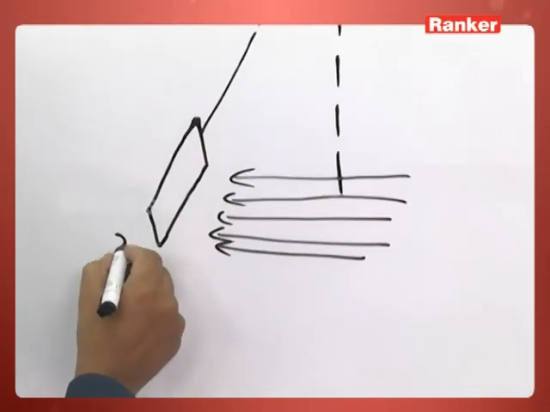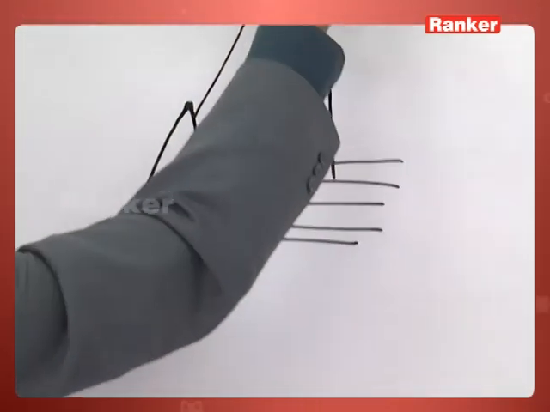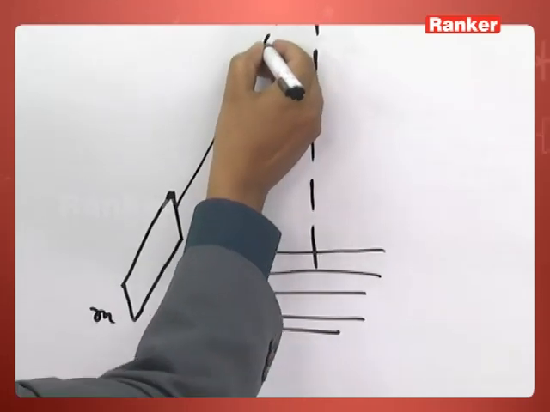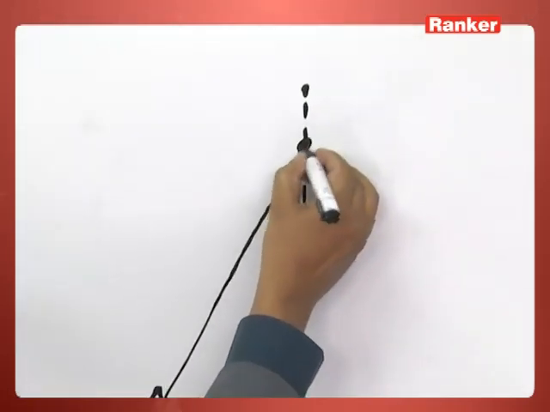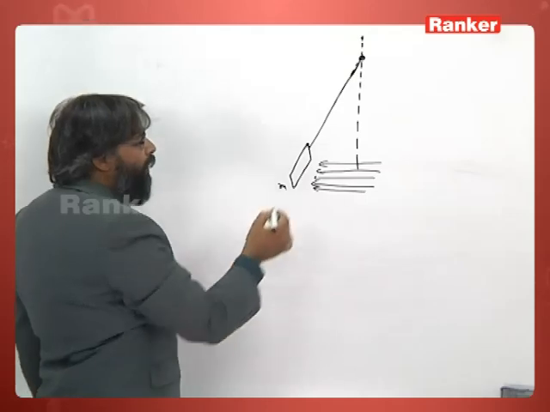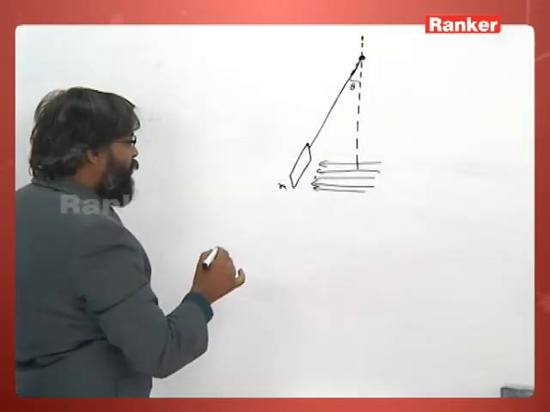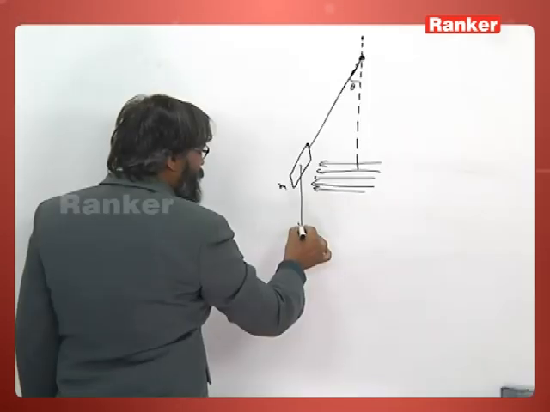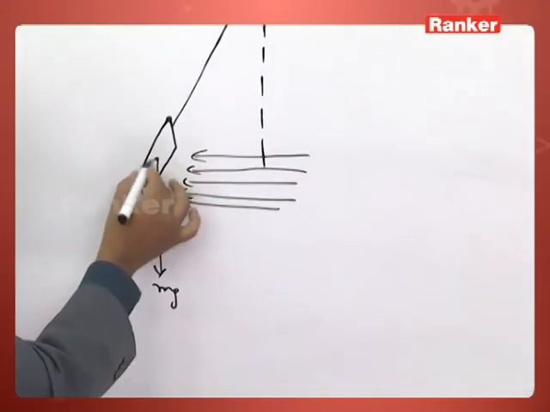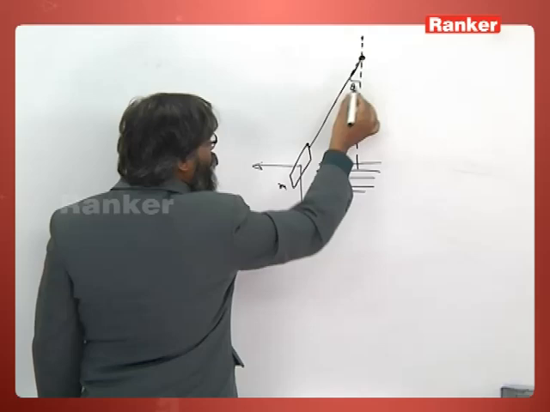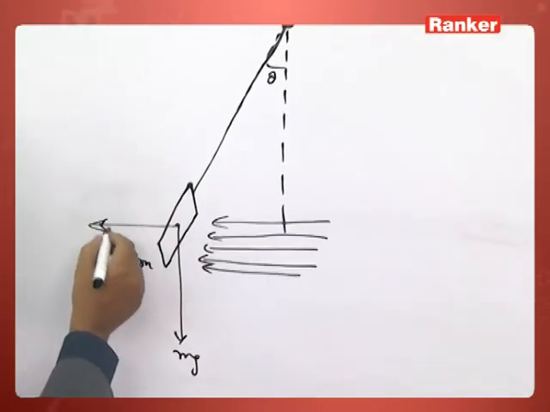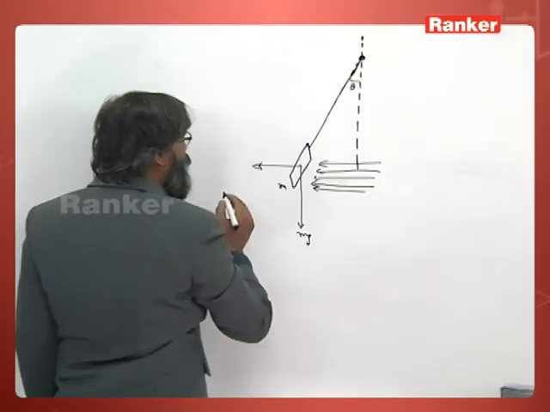This plate has a mass m and it is hanging from a massless thread which is fixed at a point. We want to know what is the thread deflection angle theta. So its weight mg is there, and the radiation; this angle theta is so small that we can assume it nearly equal to 0.